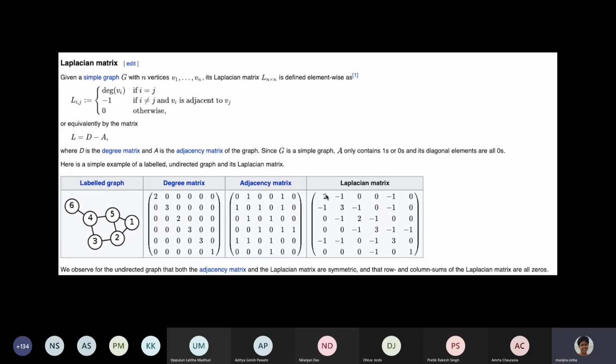Yes, so as you can see, the row and column sums of the Laplacian matrices are all zeros. That is, if you take the row wise sum and the column wise sum, it will be all zero. So now why do we do this Laplacian transformation? Because there are some theorems like Kirchhoff's theorem.